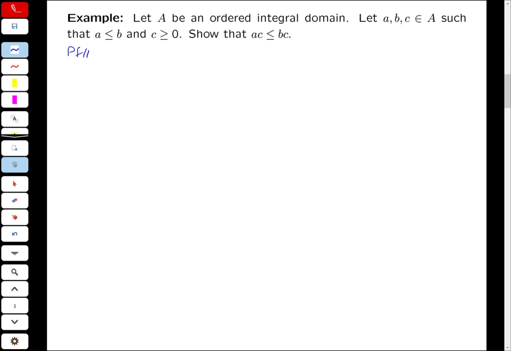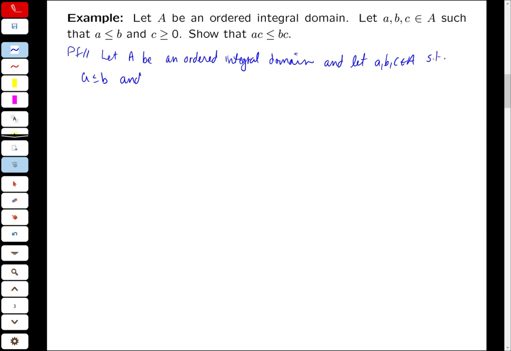So, what's the hypothesis for this? Such that a is less than or equal to b and c is greater than or equal to 0.